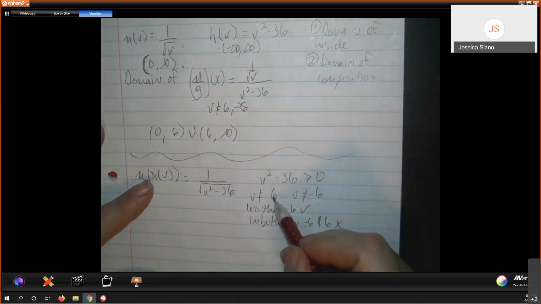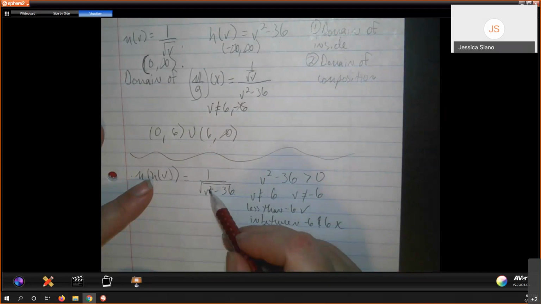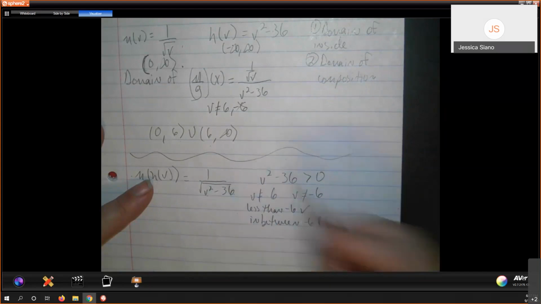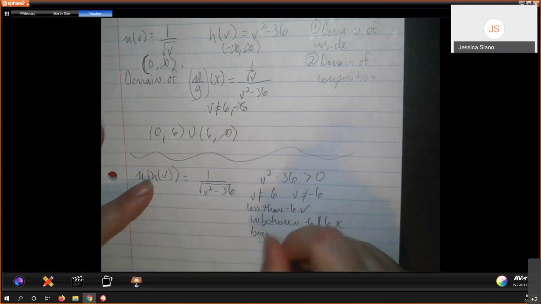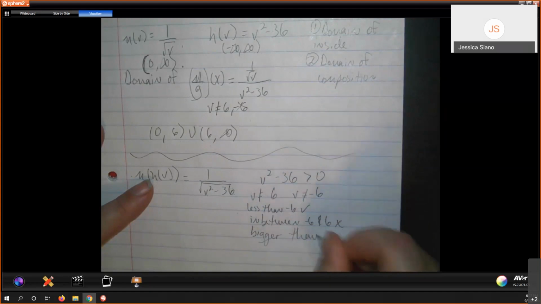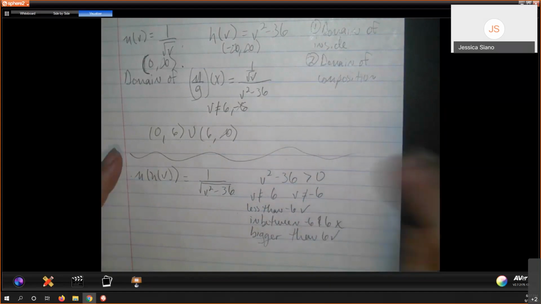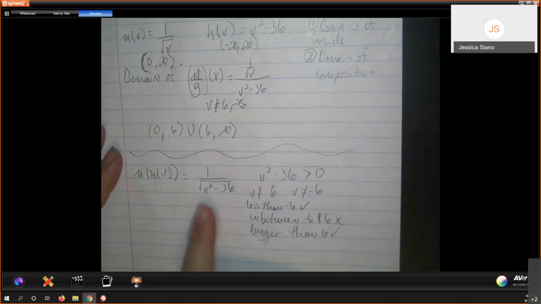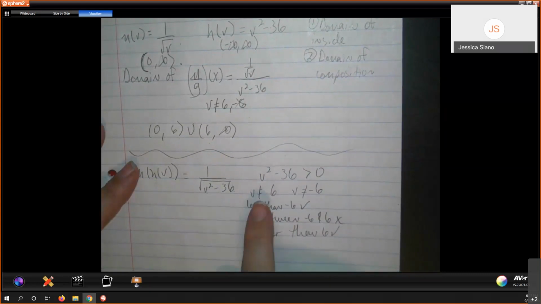But then if I plug in a number bigger than 6, 10 squared would be 100 again. And so the numbers bigger than 6 are okay. So then here, I would say that the domain is all of the numbers less than -6 and greater than 6.